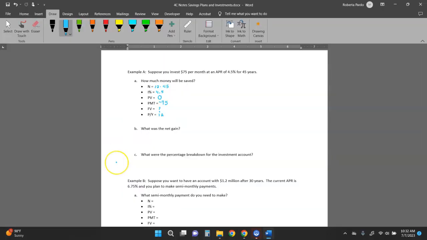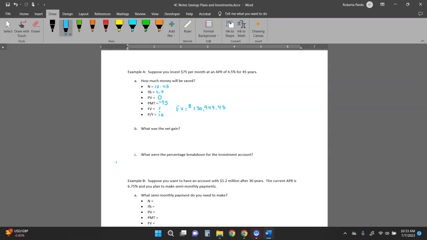Okay, so we end up here, so the future value will equal $130,949 and 43 cents. Okay, what was the net gain?